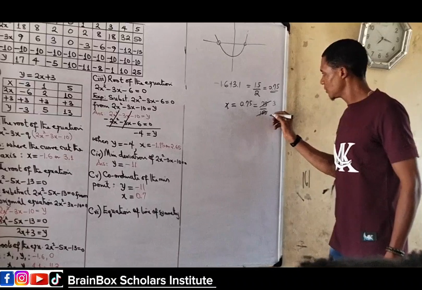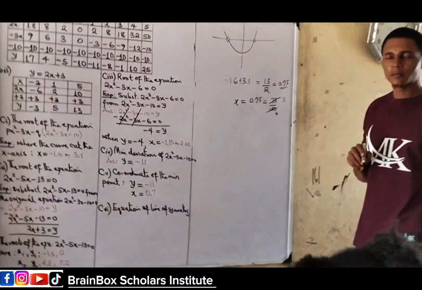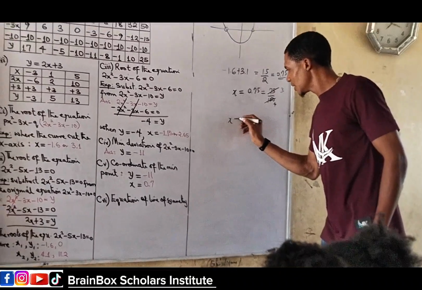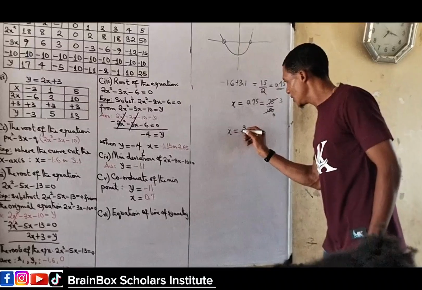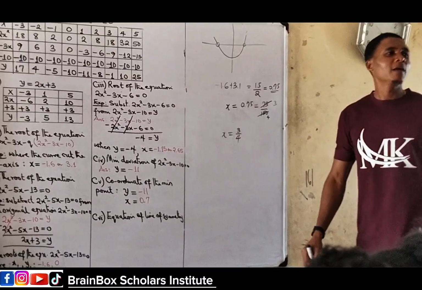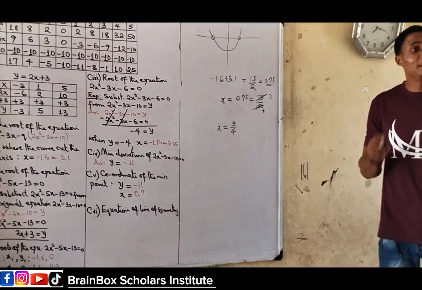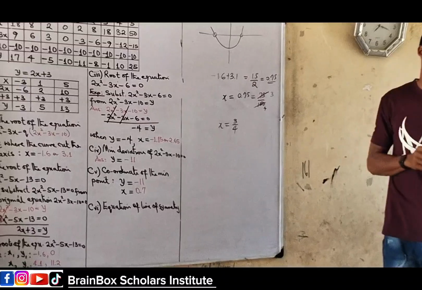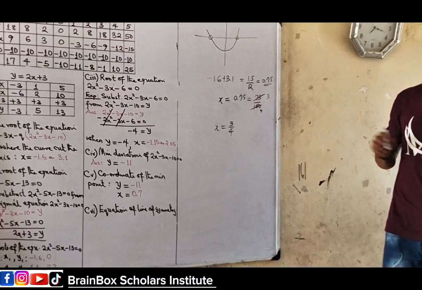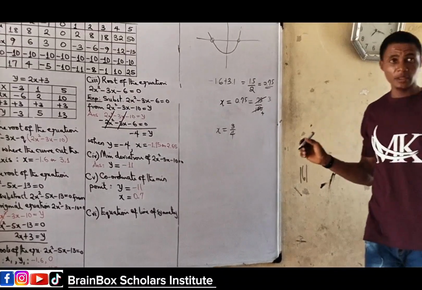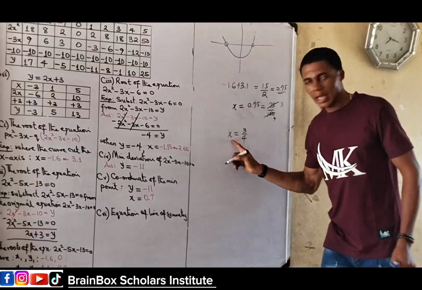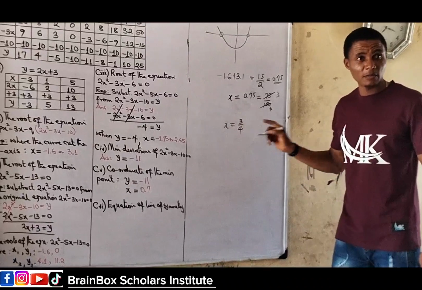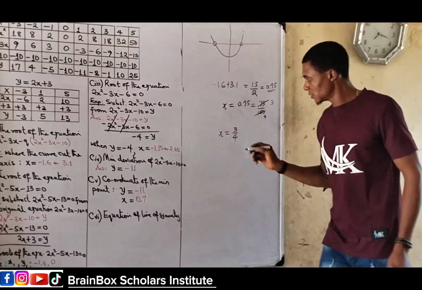If 25 goes here, it gives me 4. Then x is equal to 3 over 4. Am I making sense? Now let me show you how you write your solution. x is equal to 3 over 4. Okay? What's the next thing?